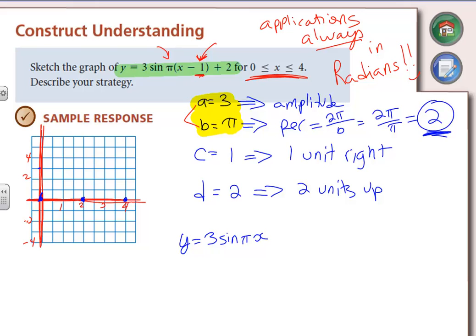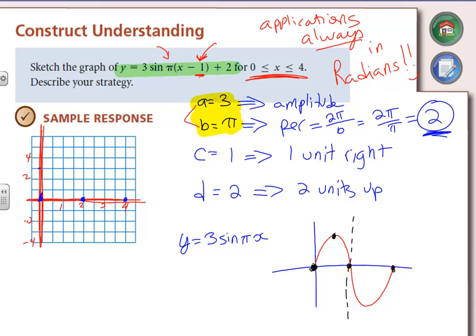A sine graph is always broken into 4 parts. Same with a cosine. There's 1 period of sine. So in 1 cycle, we can break it into 4 parts. From the midline to the midline, and midline to midline, there's 2 parts, but each of those 2 parts is broken into another quarter.